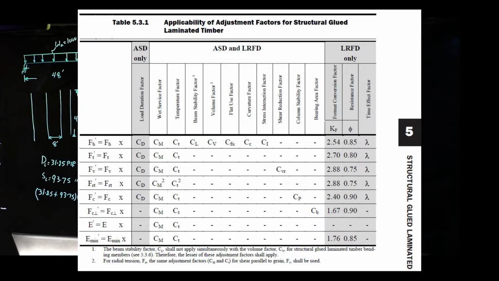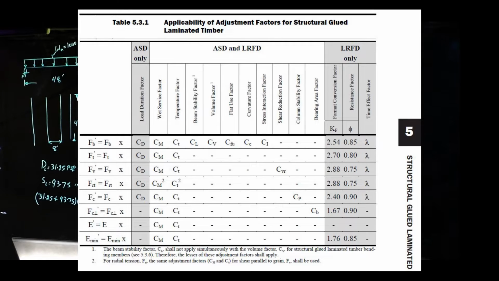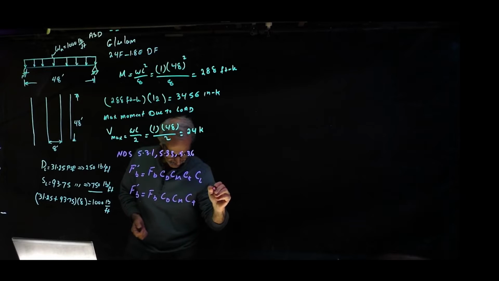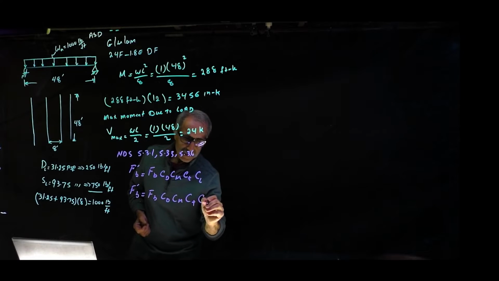In NDS tables 5.3.1 and 5.3.5, we have F'b is equal to Fb CD CM CT CL, or F'b is equal to Fb CD CM CT CV.